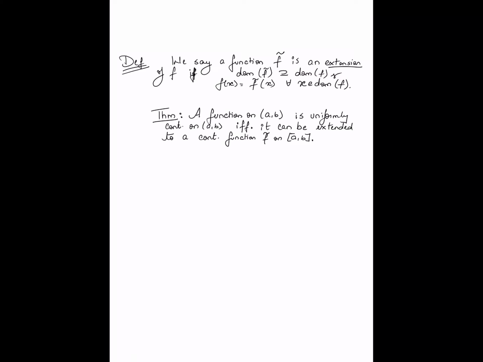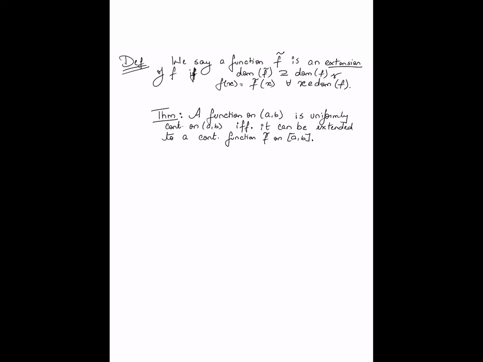So this tells you something very nice about when you can expect uniform continuity to hold over open intervals. It tells you that uniform continuity can hold for a function over some open interval if and only if there in fact exists an extension of the function which is continuous on the corresponding closed interval. And this is if and only if.